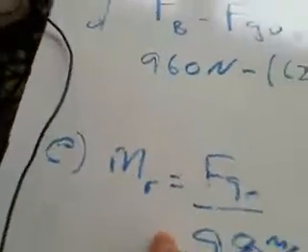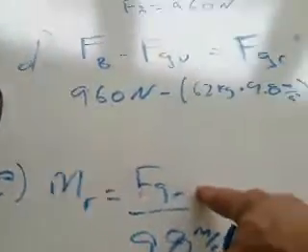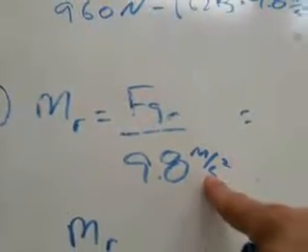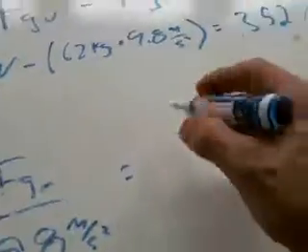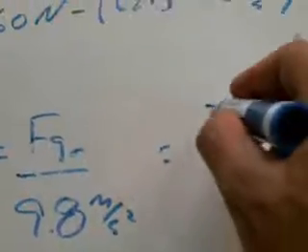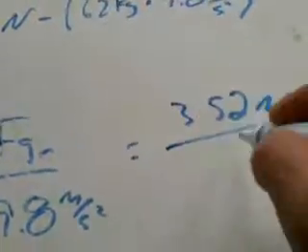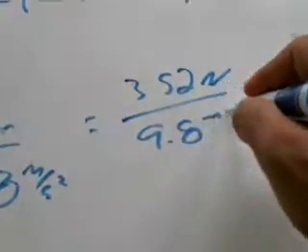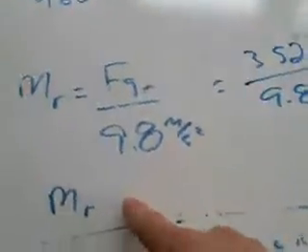let's figure out what the density of the raft is. So the mass of the raft is the force gravity of the raft divided by 9.8. Well, the force gravity of the raft, we just figured out 352 newtons. I'm going to divide that by 9.8 meters per second squared. I'm going to get some number, I don't know.